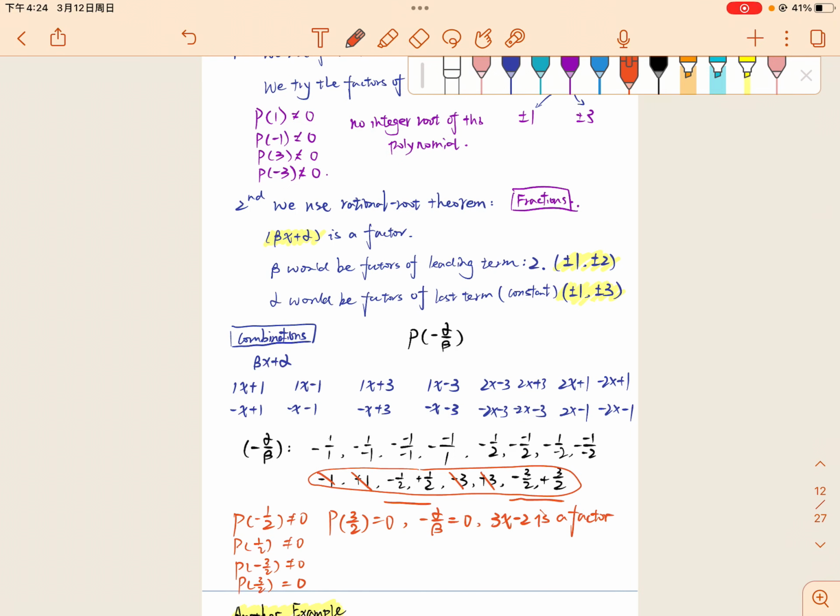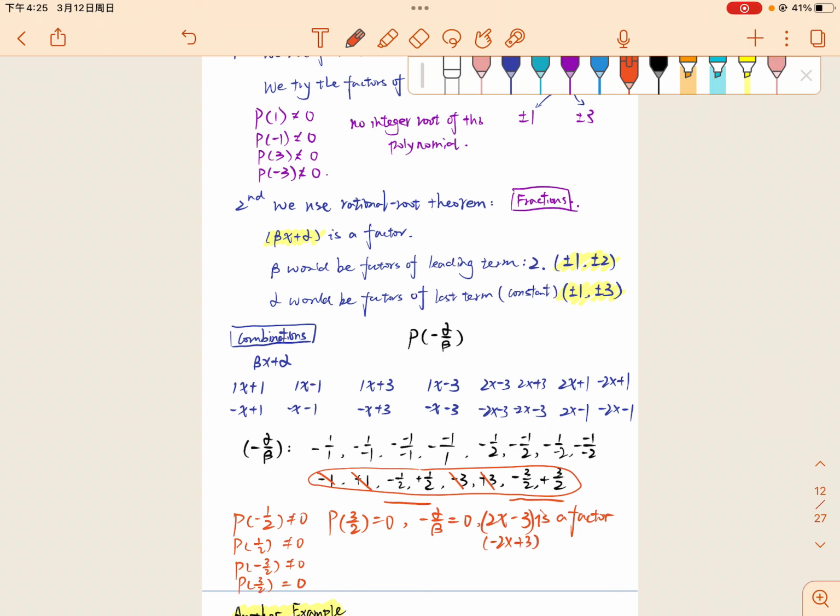Alright, so that would give you 2x minus 3. So alpha is the one behind. So 2x minus 3 is a factor of this polynomial. You can also write it as negative 2x plus 3.